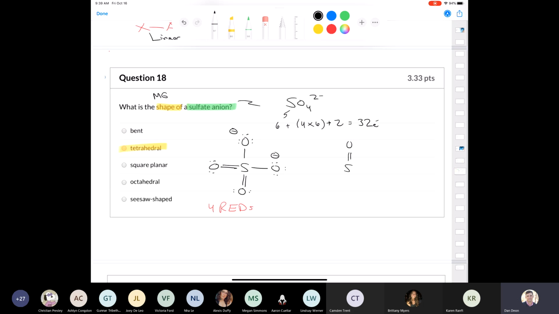Maybe it'd be easier if I put the double bonds in the plane of the page, or the screen, I should say, like this, and I'll put a dash to the oxygen that's going in the back, and I'll put a wedge to the oxygen that's coming out in the front with a negative charge like that. And so the molecular geometry, or the shape of the sulfate anion, is tetrahedral.